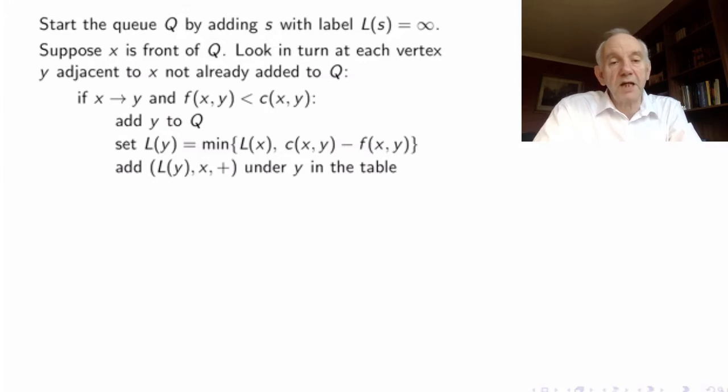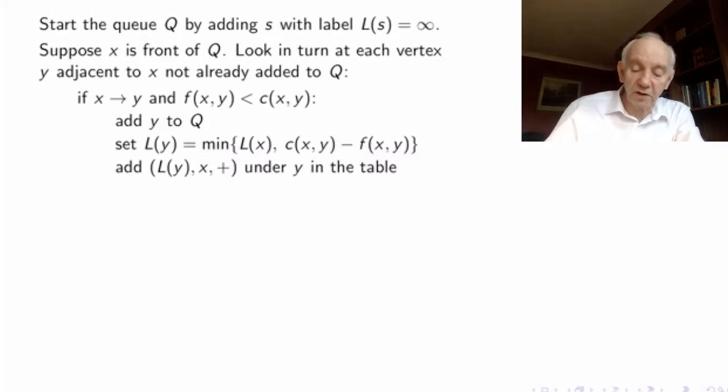It's a slightly more user-friendly version than the box in the lecture notes, which is written in slightly more formal language, but essentially it's the same text. So I'll just go through the steps, and I'm repeating some of what I've just said.